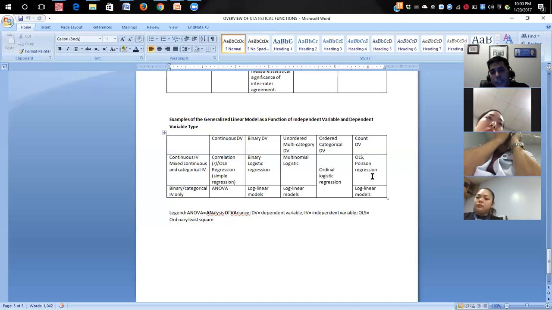These are count dependent variables, and we're not going to cover that. I think that's way beyond our nursing interests. But the log linear model, I'll try to cover that, and also multinomial logistic regressions. Hopefully I can cover that as well.